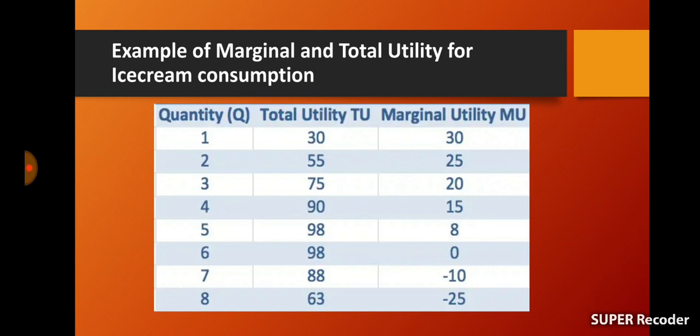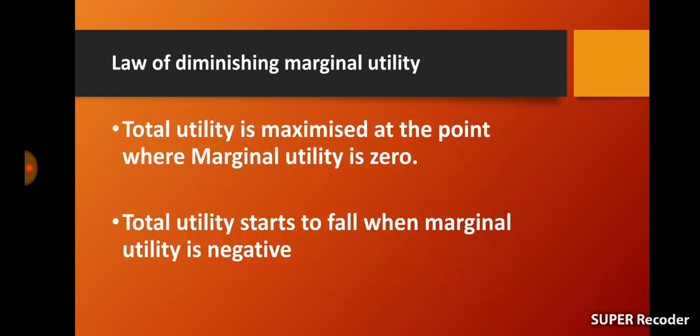And here at the point of the 6th unit, when the total utility is 98, that is the consumer's equilibrium, and after that the total utility starts to decline. So in the case of the law of diminishing marginal utility, total utility is maximized at the point where marginal utility is 0, and total utility starts to fall when marginal utility is negative.